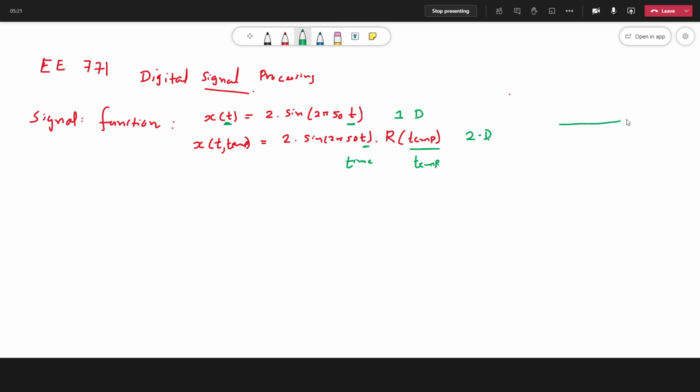Say I have an image. Image is nothing but a set of information given in the form of pixels. Now these pixels are located with respect to the x coordinate and y coordinate.